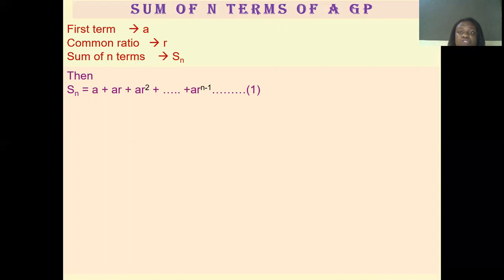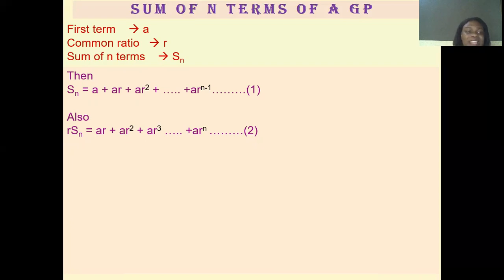So we're going to multiply every term there through by R. So we have R times S of n equals AR plus AR square plus AR cube plus AR raised to the power n. So that's how our second equation is going to look.